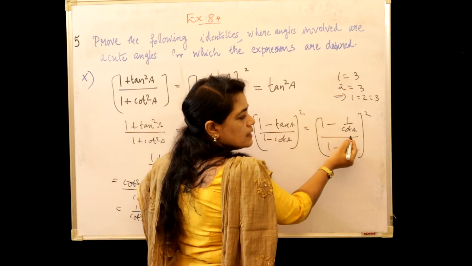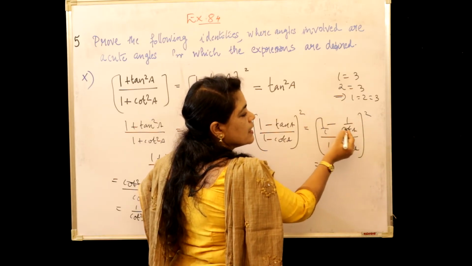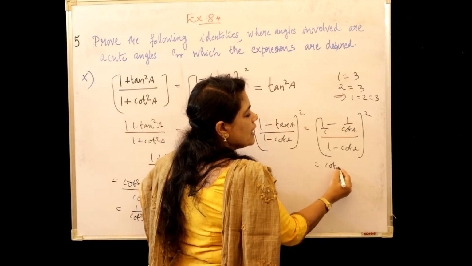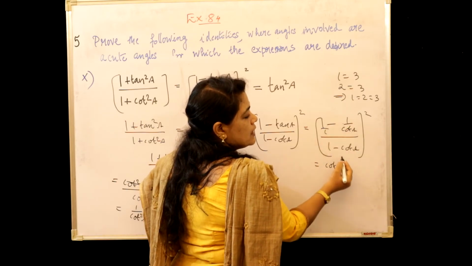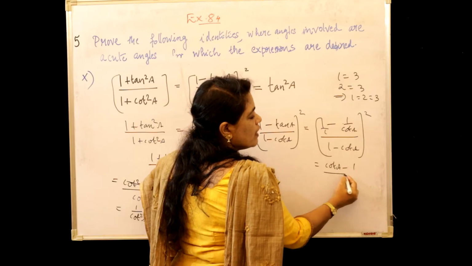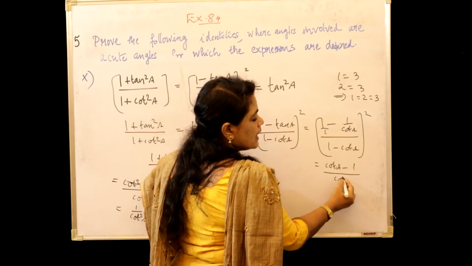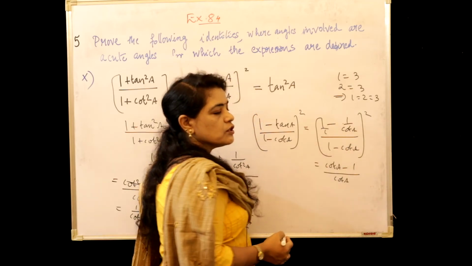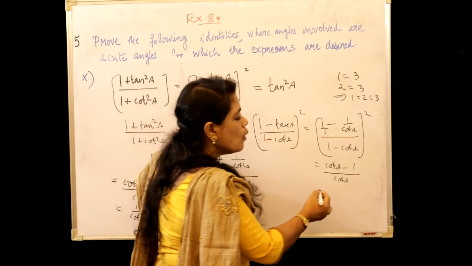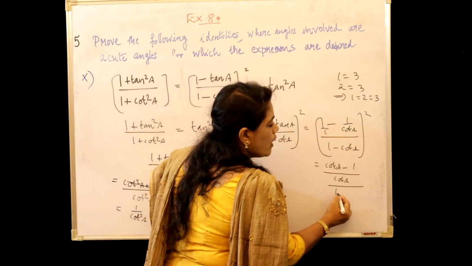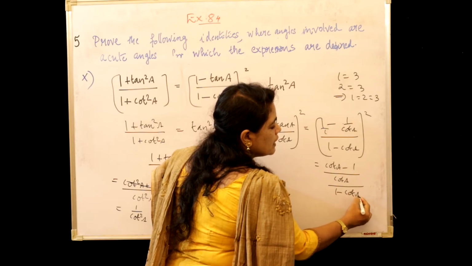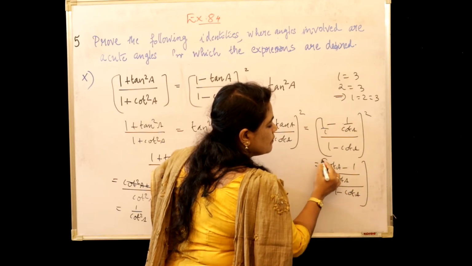The same idea, we can cross multiply because they are connected by into. So cot A minus 1 into 1 divided by cot A, the LCM, the product of the denominators, whole divided by 1 minus cot A whole square.